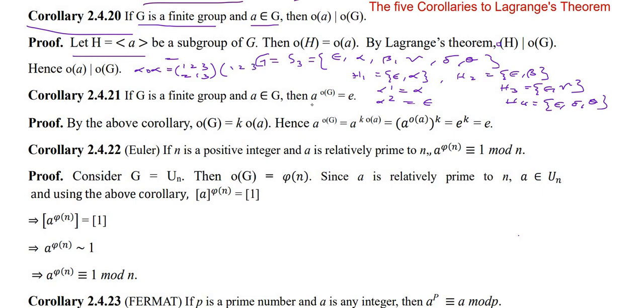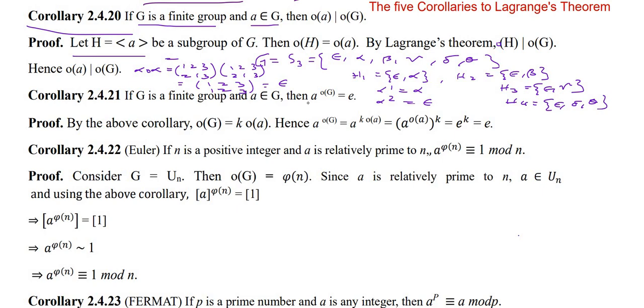So 1, 2, 3, 2, 1, 3. When we consider this, 1 is taken to 2, 2 is taken to 1, and 3 is taken to 3. So that means this is epsilon. So alpha power 1 is alpha, alpha square is epsilon. Alpha cube is again alpha, so it will keep generating only this.